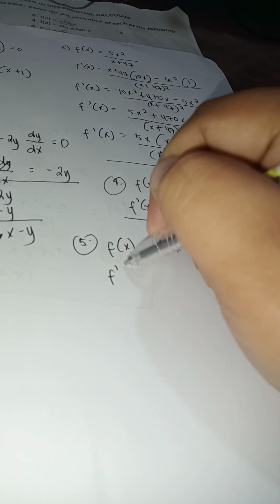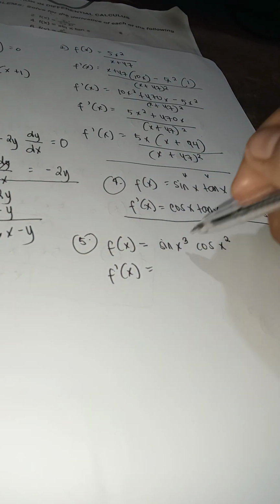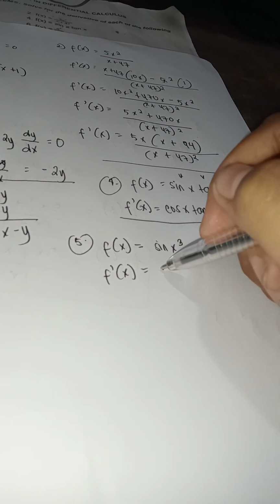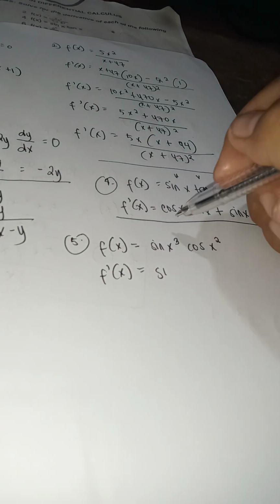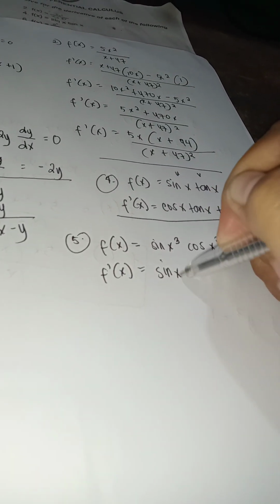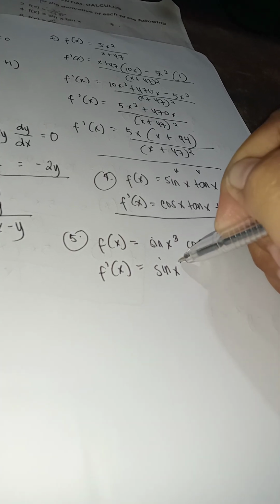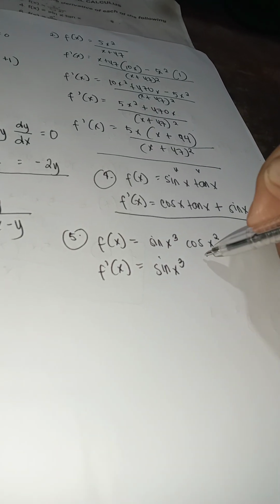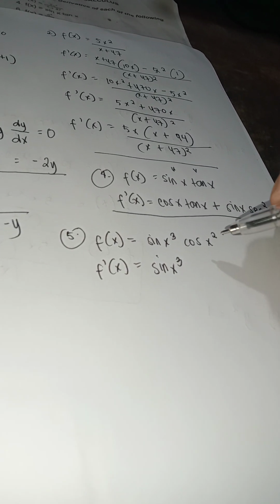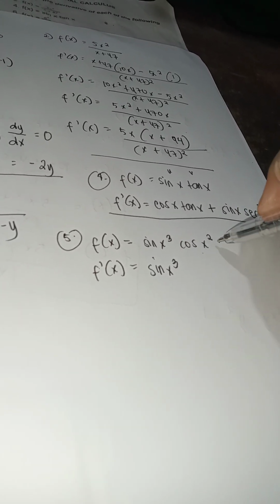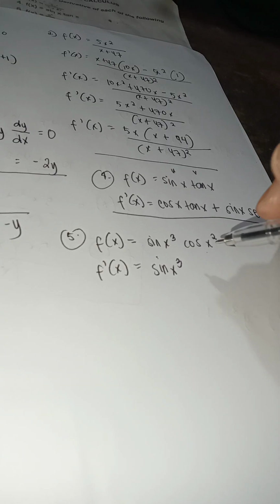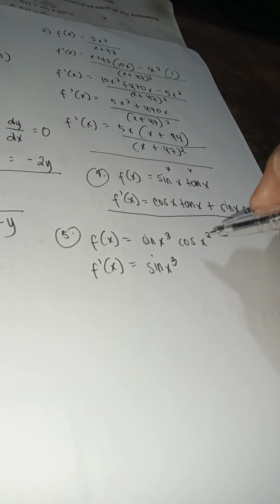So we have f prime x is equal to, copy this, sine x cubed, and solve its cosine, get its derivative.